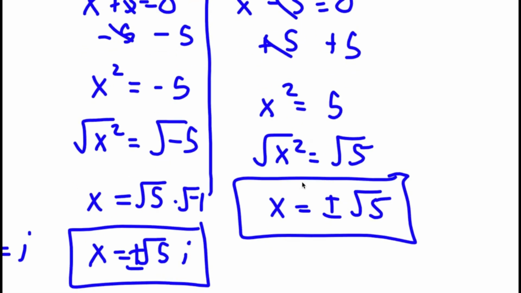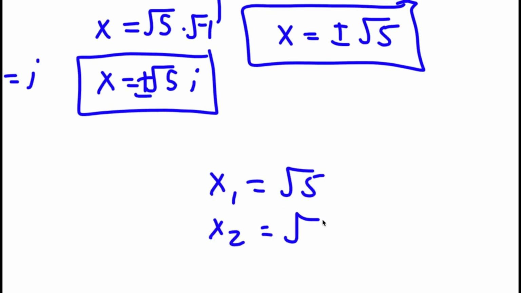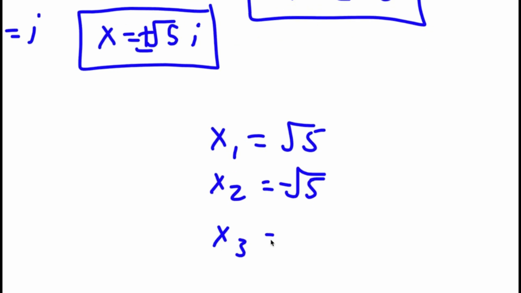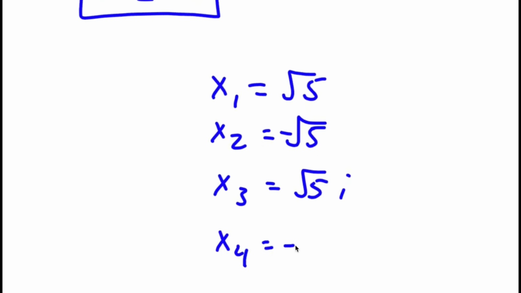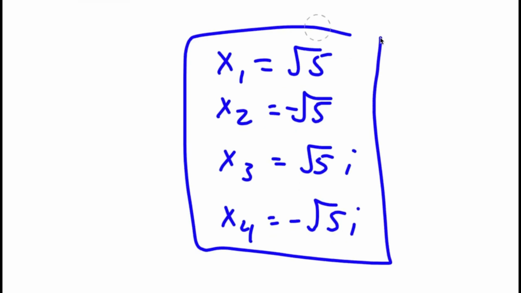So these are two more solutions to this problem. So my four solutions to this problem are the square root of 5, negative square root of 5, square root of 5i, and negative square root of 5i. So these are my four solutions.